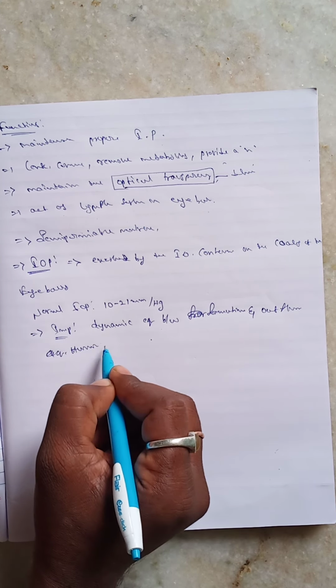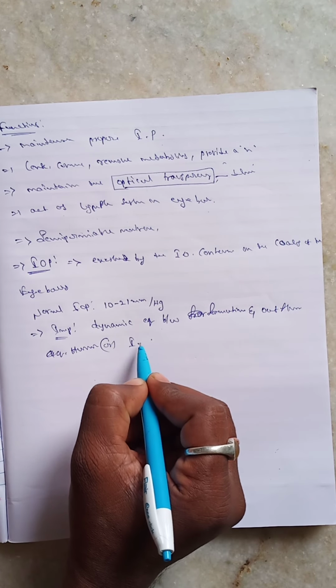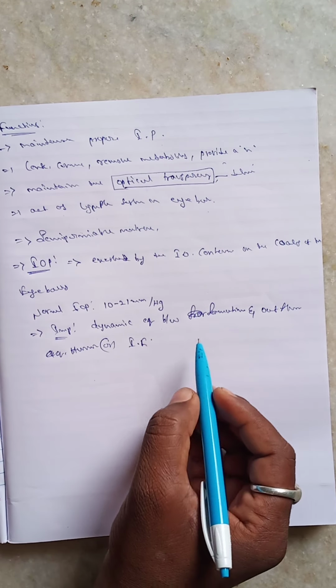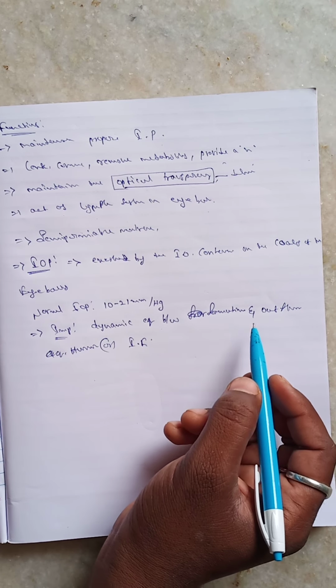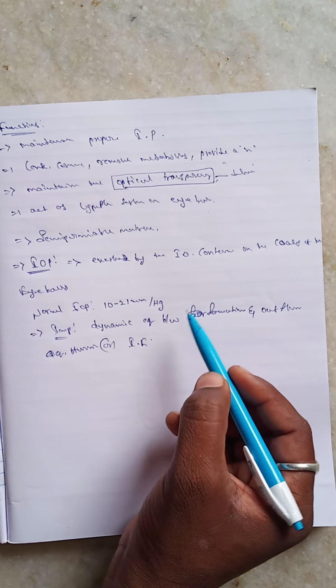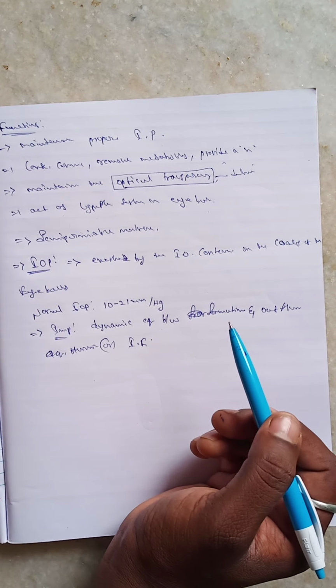What is the aqueous humor? Aqueous humor means intraocular fluid. The intraocular fluid formation and its flow from inside to outside depend upon the intraocular pressure.